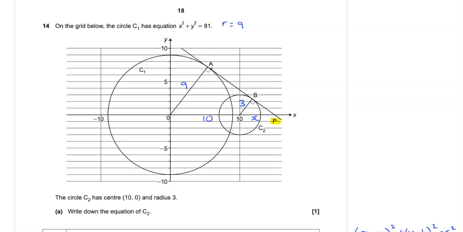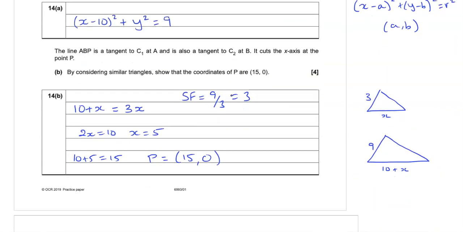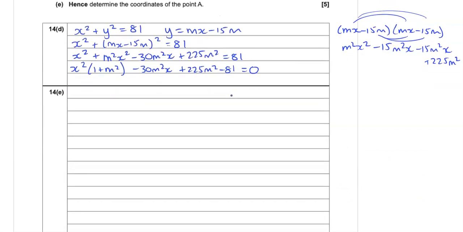Now, dependent on the value of m, because a tangent meets a circle at one point, that equation, depending what m is, should only have one solution. So if m is positive, it will give us one of the solutions. If m is negative, it will give us the other solution. But whatever value of m out of the two we put in, we should get just one single solution to that equation.